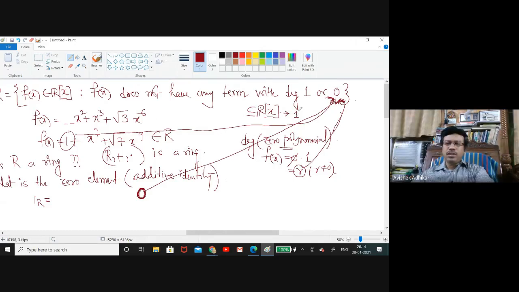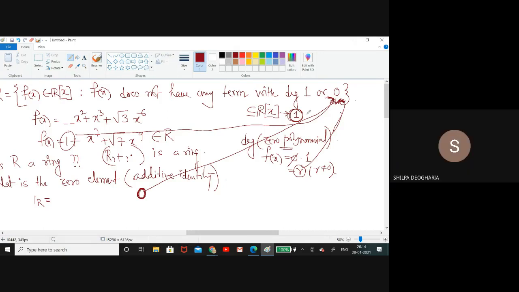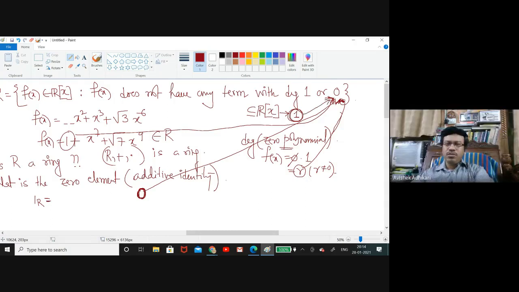So what is the degree of the polynomial 1? Sir, zero. The degree of this is 0. So now you can understand that 1 is not an element of R.